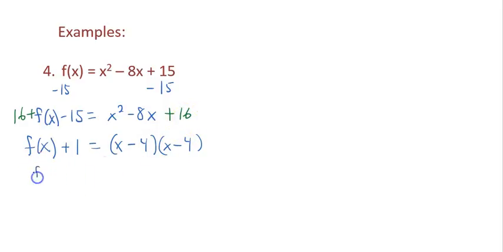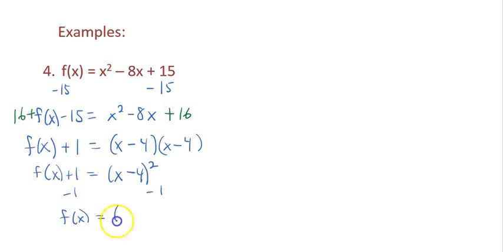And then before I move this 1, I want to write this as x minus 4 squared. And if you get good at this, you can just skip from this step right here to this step right here. You don't have to write it twice and then combine it as squared if you see where it's going. And then our last step is to subtract that 1 back over.